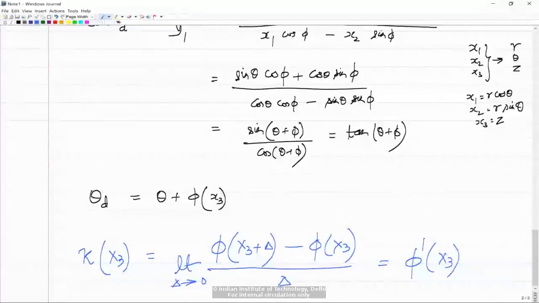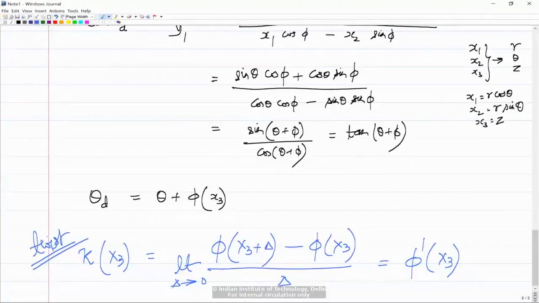So this is an example in which you don't have uniform twist. If the derivative is changing, you will have non-uniform twist. If the derivative is fixed, then you have uniform twist. So that's your twist. Any question on this?